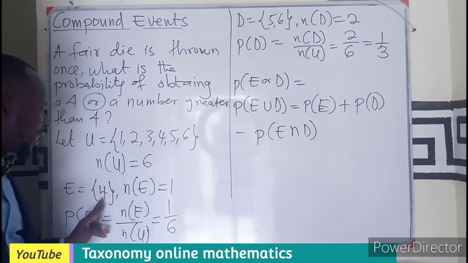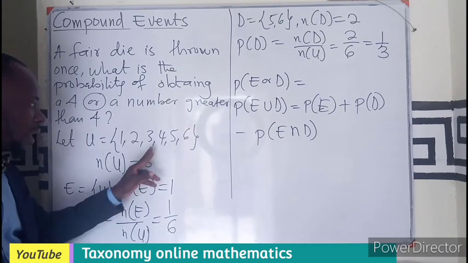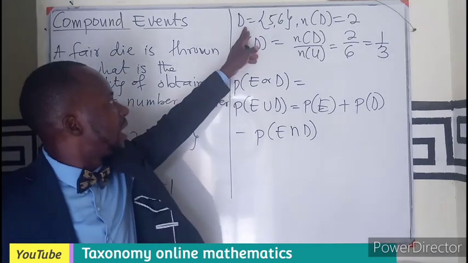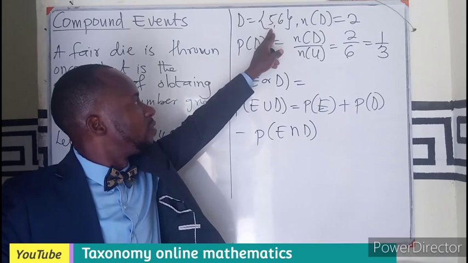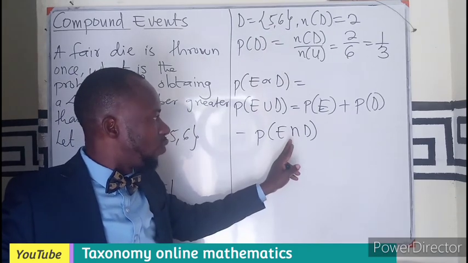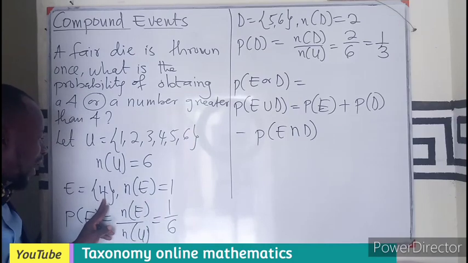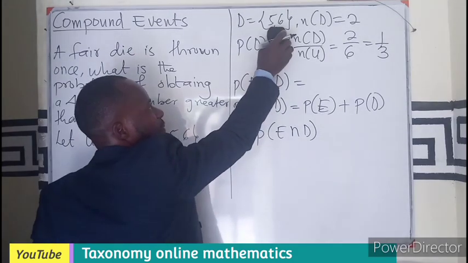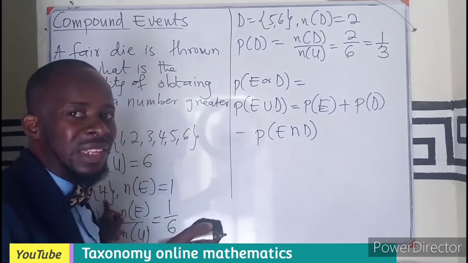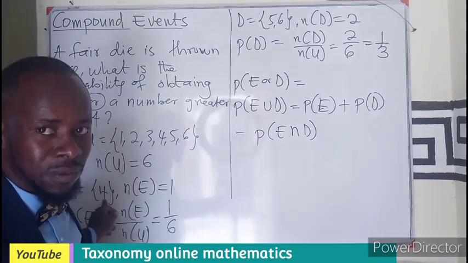If we check here, the set is only 4, as we can see. If we check this, it is only 5 and 6. If we are going to go for intersection, we need to have an overlap of the element here with this element.